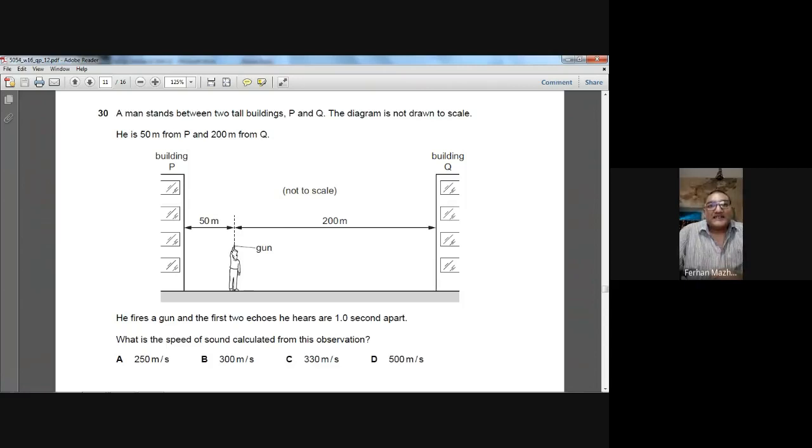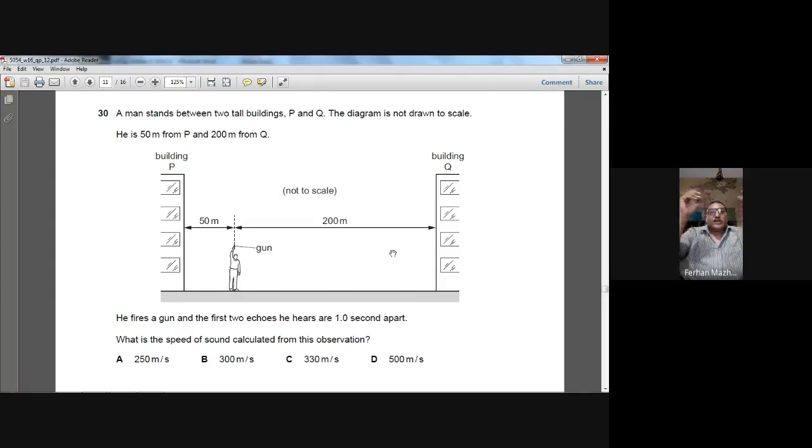When this man fires the gun, sound waves are produced. One sound wave will move towards building P, and one towards building Q, because when you fire, sound waves move in all directions.